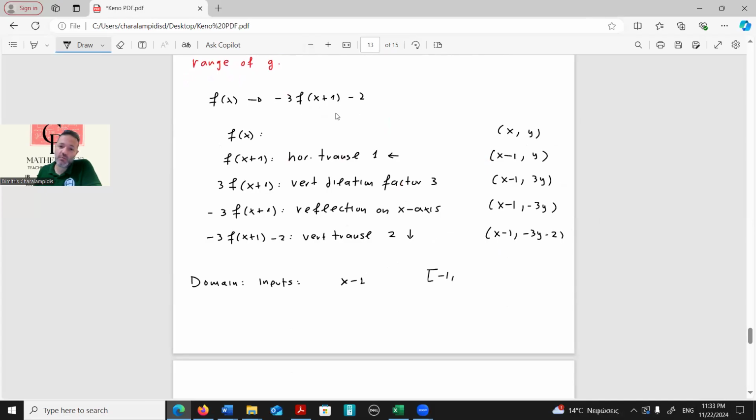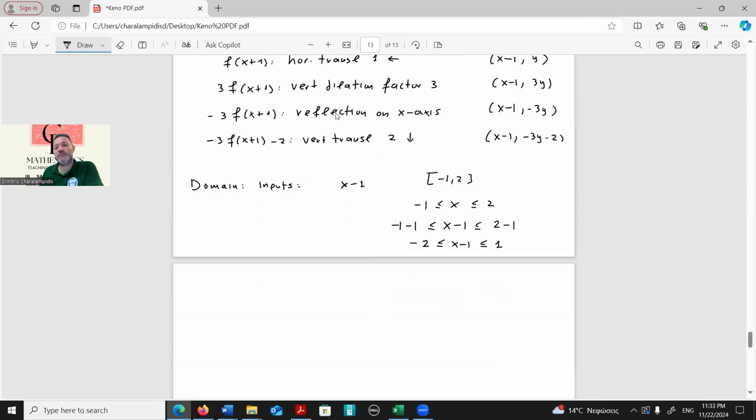Originally, that meant that x was between negative 1 and 2. But now I have x minus 1. In order to create that, I should take out 1 from both of them. So it should be negative 2, x minus 1, and 1, which means that the new domain is basically minus 2 and 1.